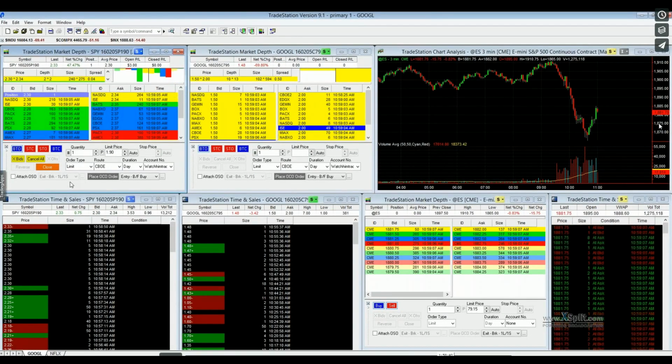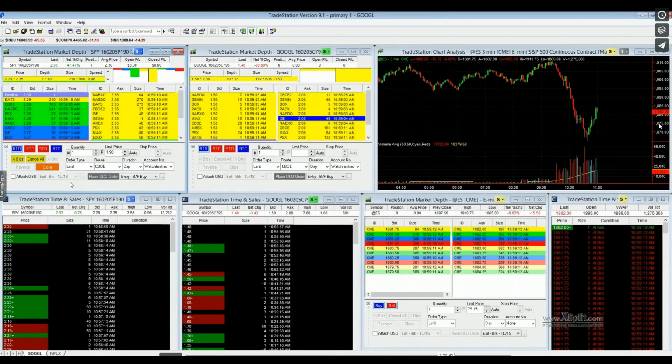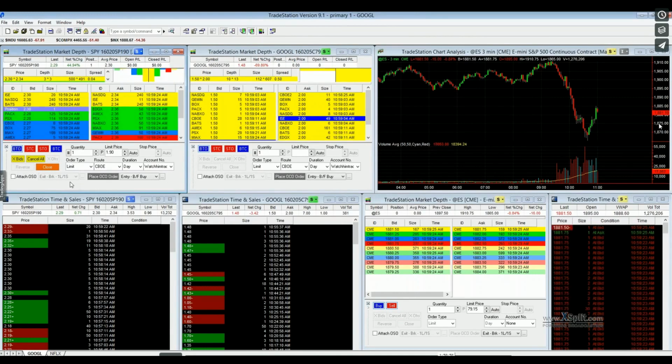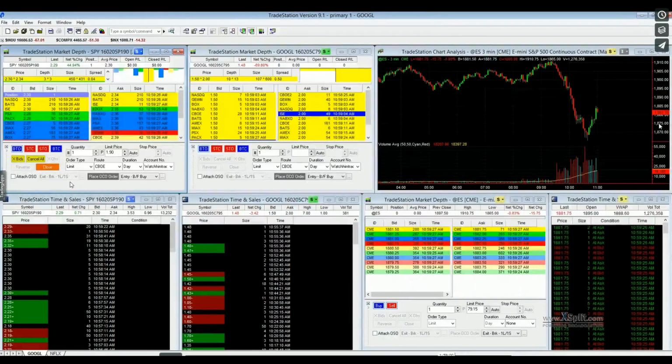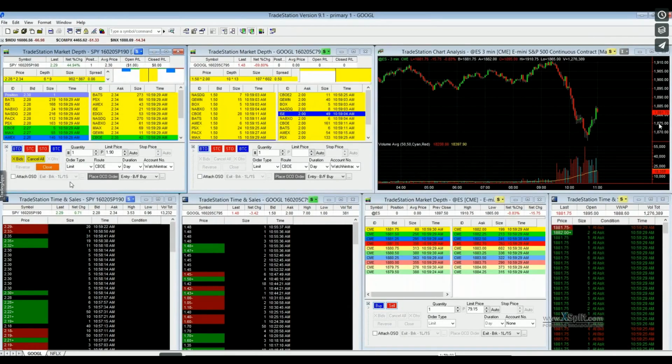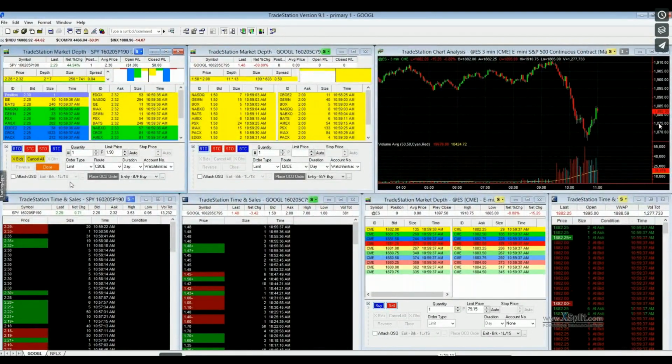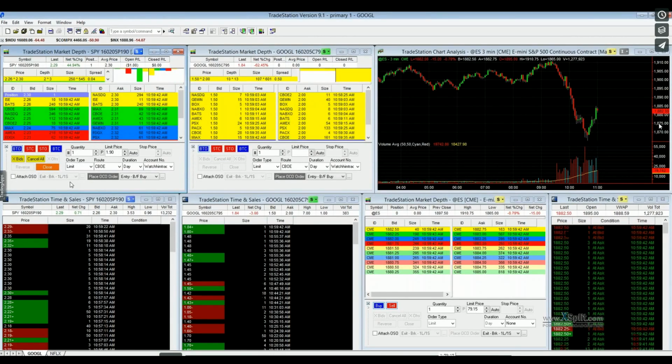Having a hard time coming back up towards 1885, which is a good sign for the short. Tries to come up a little bit through some 1882s.